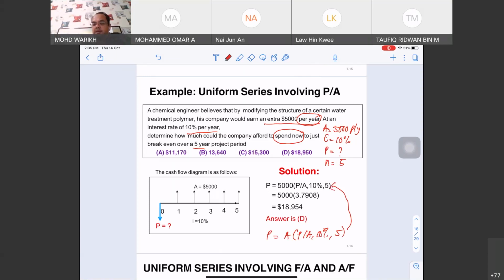Doctor, some students cannot see what you are writing on the screen. How many of you cannot see? The others, can you see? Majority can see? If you cannot see, maybe your line is not very strong.